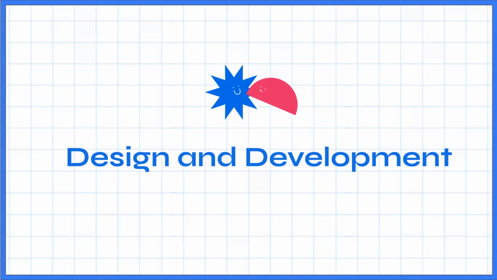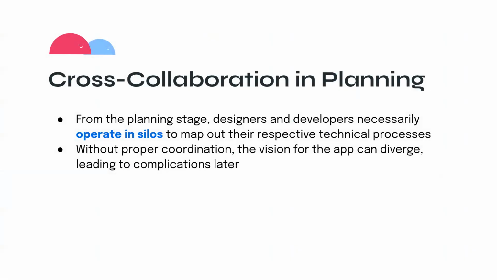Okay, next, we'll talk about getting into the weeds of working between the teams. So starting from the get-go, designers and developers almost necessarily work in separate activities. Designers will focus on user experience and interface design, whereas developers will focus on the architecture, the data models, choosing an appropriate tech stack, etc. And so while it's natural for designers and developers to focus on their individual specialties, it's important to also have good communication from the get-go.